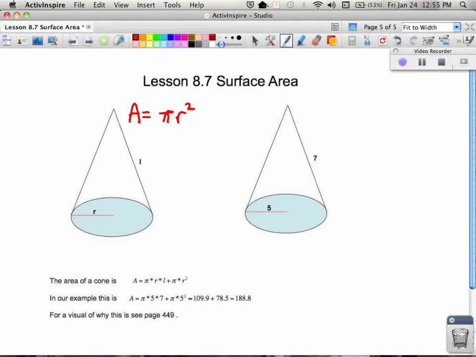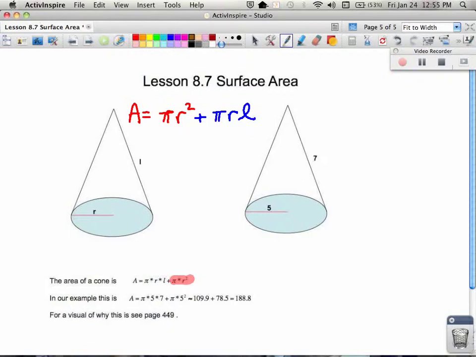So that's the circle. We see that down below in the formula, the way they write it as pi r squared. But then you also need to add on the cone piece that's wrapping around. And the way that they describe that is pi times r times L, L being what they call the slant height.